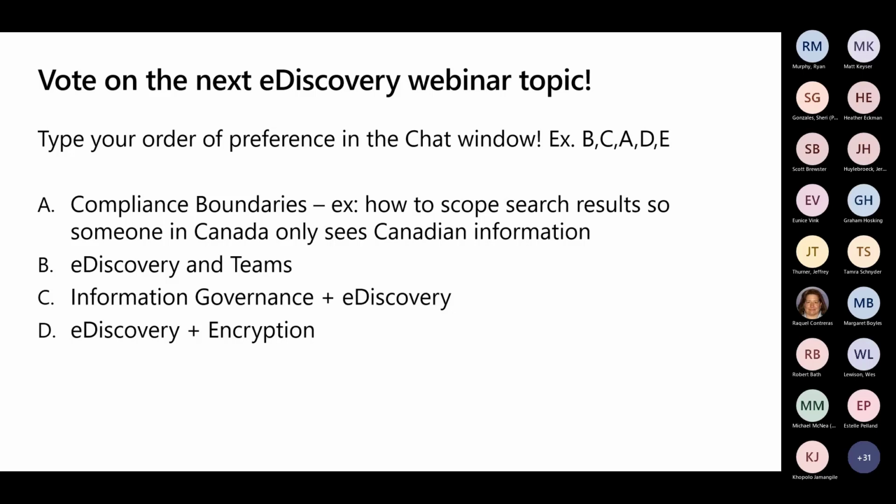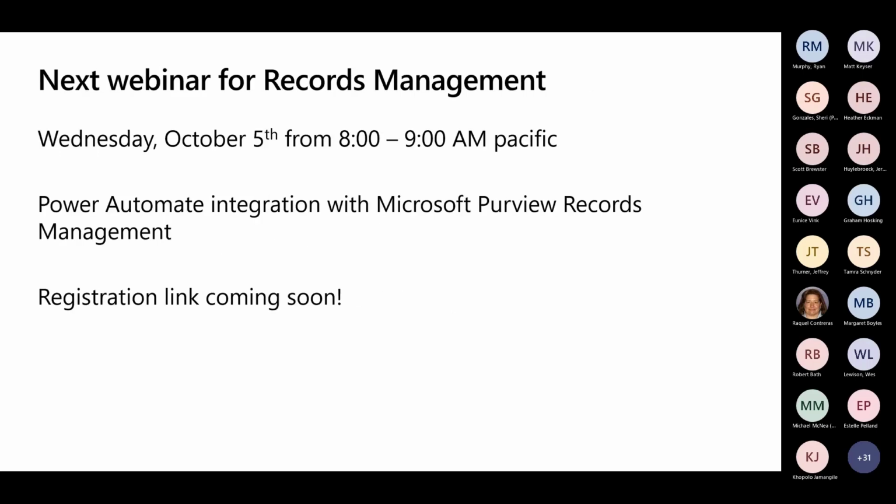All right. So our next records management webinar is going to be on Wednesday, October 5th, same time. We're going to be going over our new Power Automate integration, which allows you to create custom disposition workflows, custom certificates of destruction. It really opens the door of possibilities.